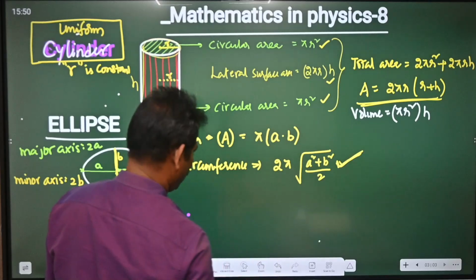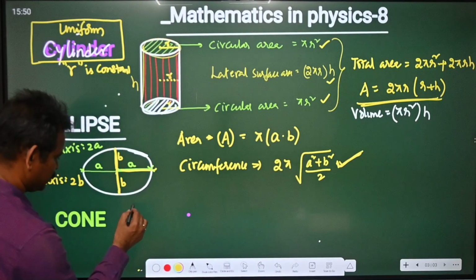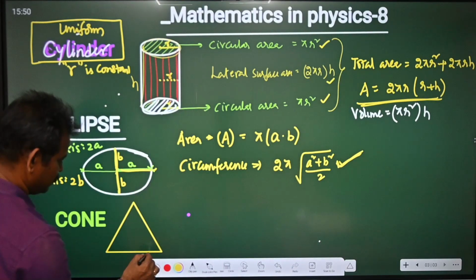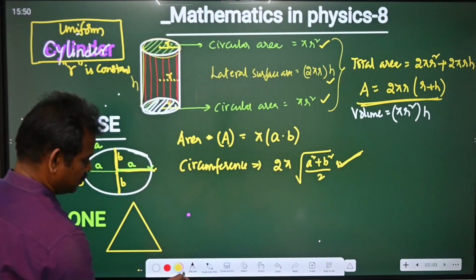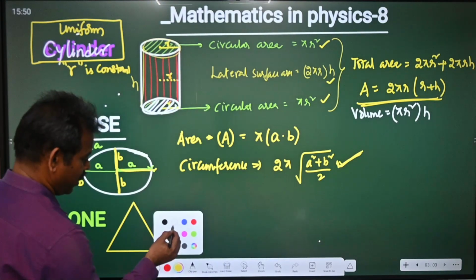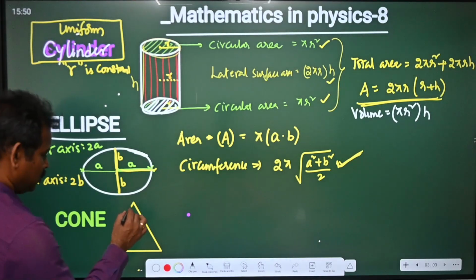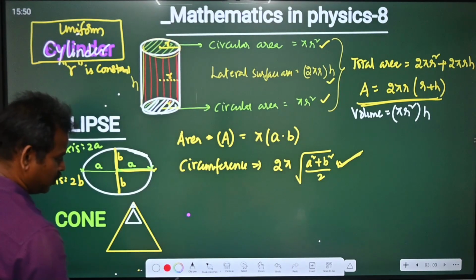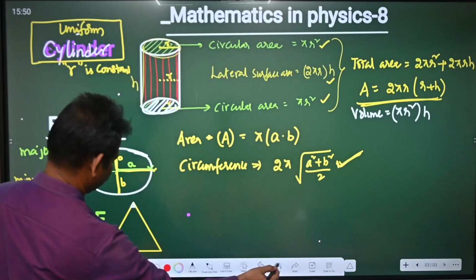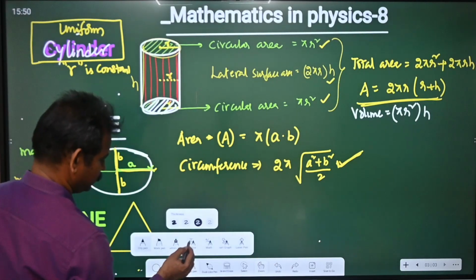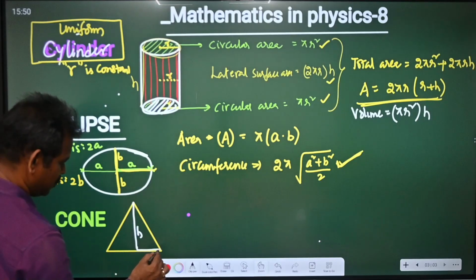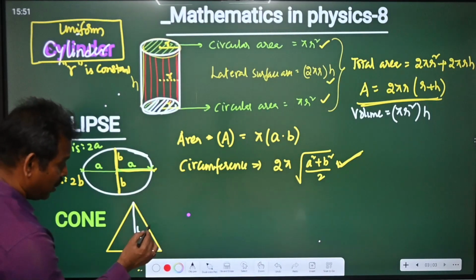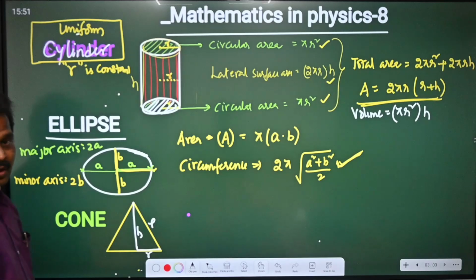Next one, if you take a cone, this is a cone. In this cone, students, generally they would ask you to find out the height of the cone, this is the height, this is the radius of the cone, and this is called the slant height of the cone.